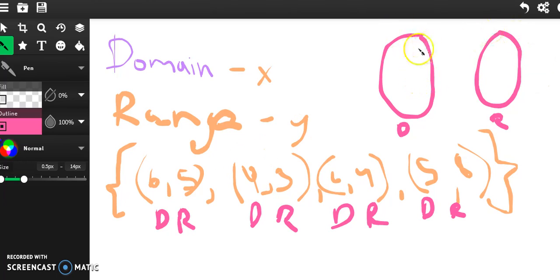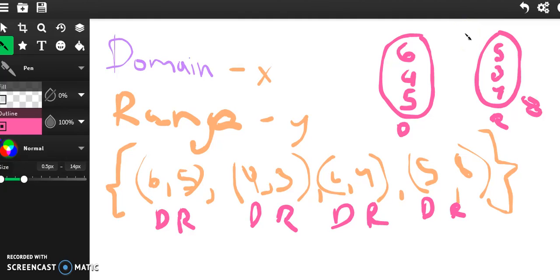So we have 6, 4, 6, we don't need to write it again because we already have a 6 over here, and 5. And the range, we have 5, 3, 4, and 8. Okay?